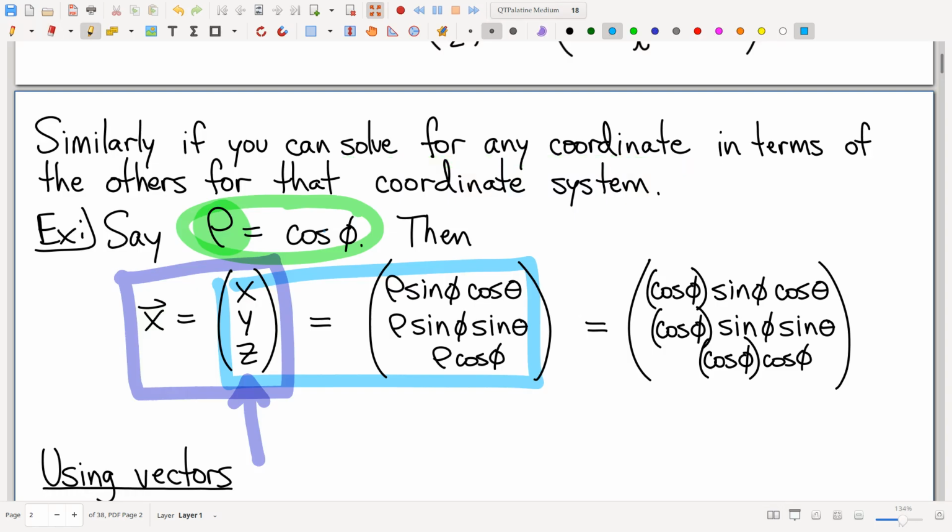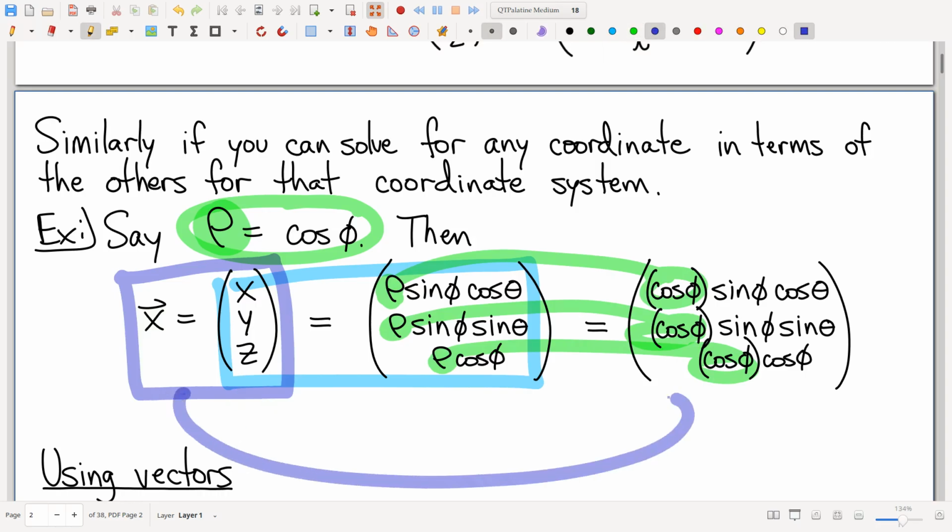If rho is cosine phi, you plug that in and we win. Because again, we have position now as a function of two parameters, and now our parameters are phi and theta. Everybody all right? Gotta love graph parameterizations.